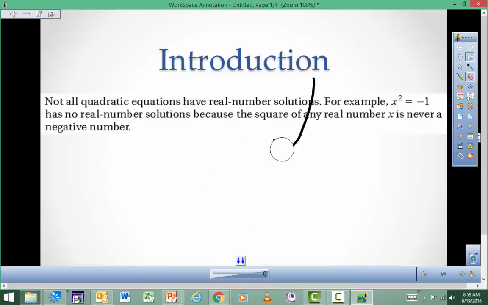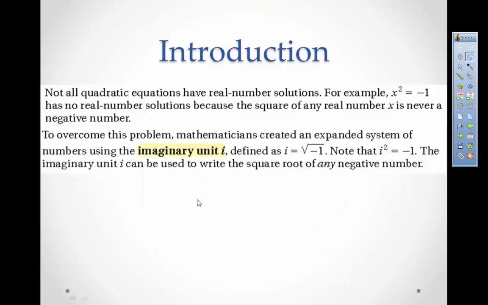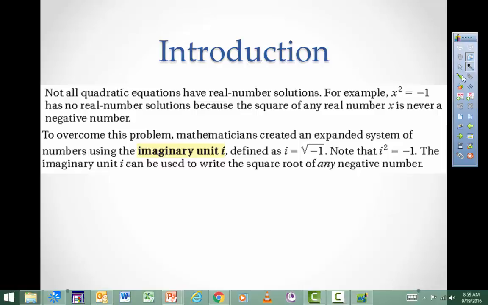It's about a complex number, and a complex number has two parts to it. It has a real part and an imaginary part. So it's a combination, and that's why it's a complex number, because it has two parts to it. It has an imaginary unit part, and it's going to have a real part. So what is this imaginary unit?